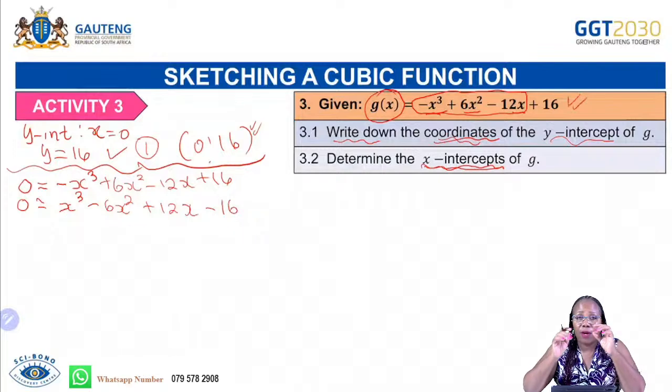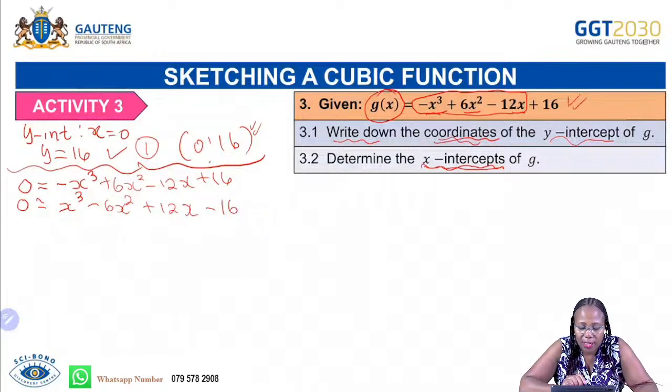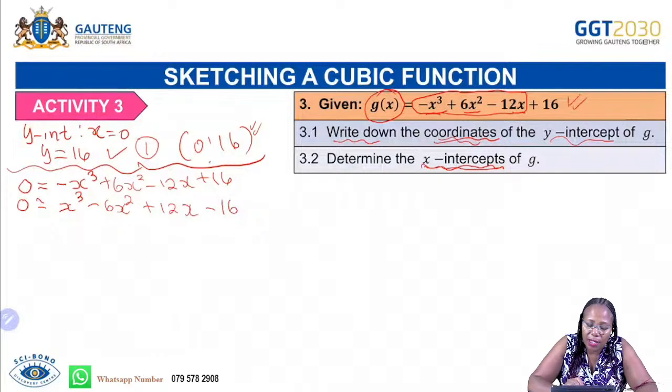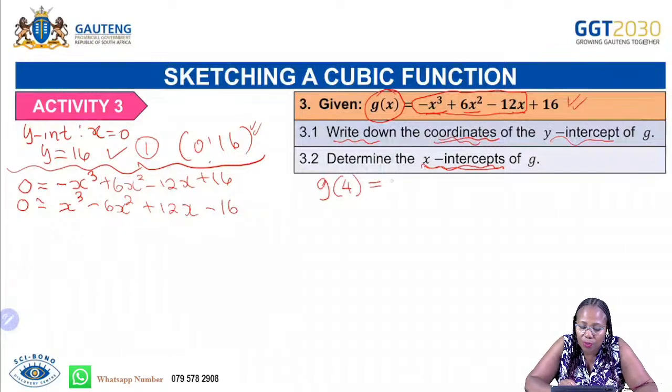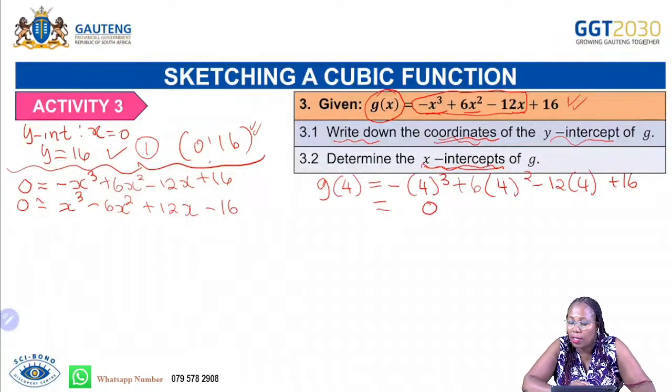Okay, now test with me, and then check. If we are checking, we end up finding that g of 4 is the one that is working for this particular expression. If you put 4 into this equation, it is giving you a 0, okay?